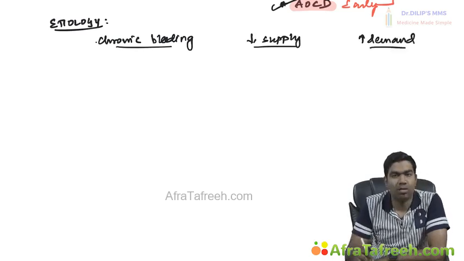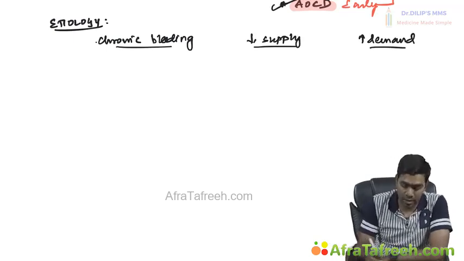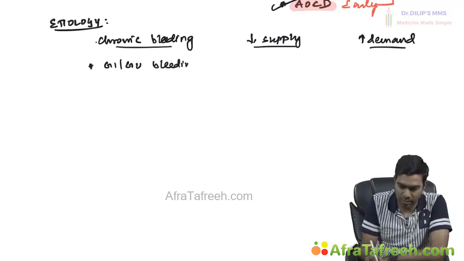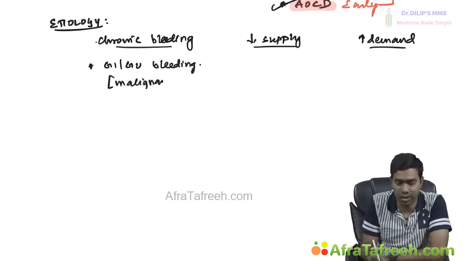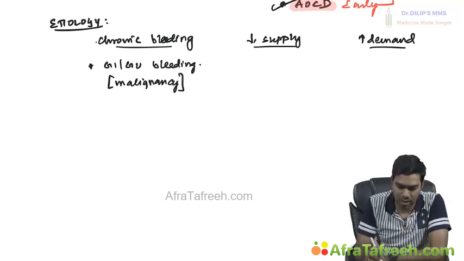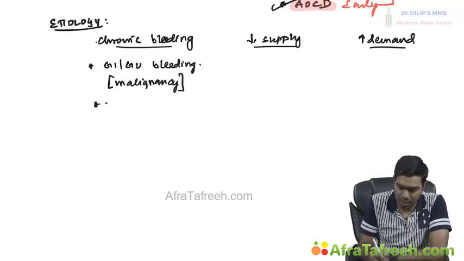Whenever you talk about chronic bleeding, one of the main reasons is usually gastrointestinal or genitourinary bleeding, which can be due to a malignancy, which is extremely important, especially colon cancer. Maybe it could be excessive menstrual losses.